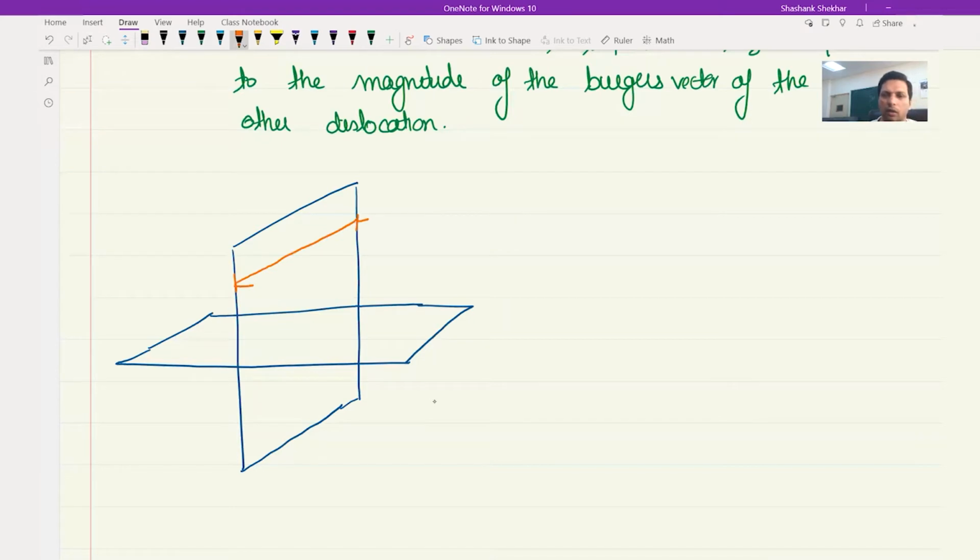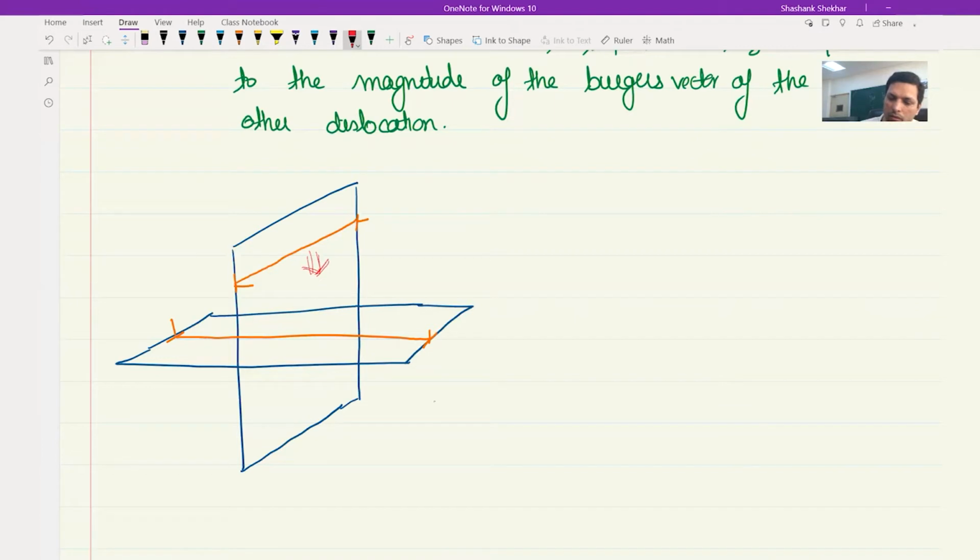For this one, we are assuming that both of them are edge dislocations. So this is the edge dislocation over here, and this is the edge dislocation over here. And let's say that this one is moving in this direction.